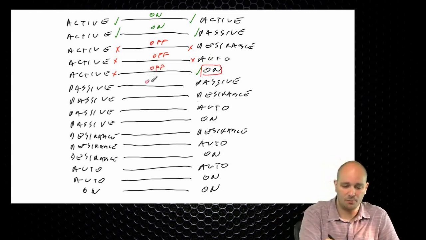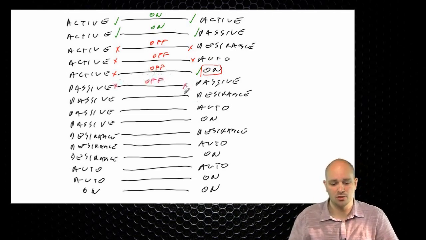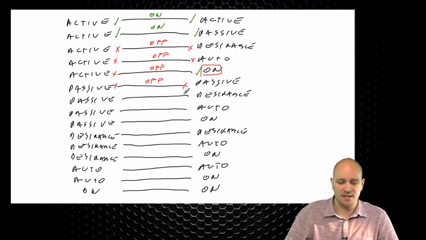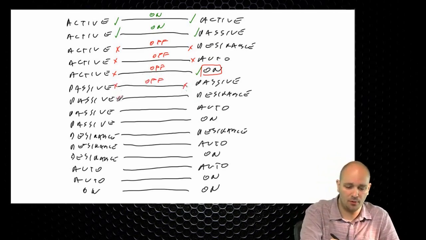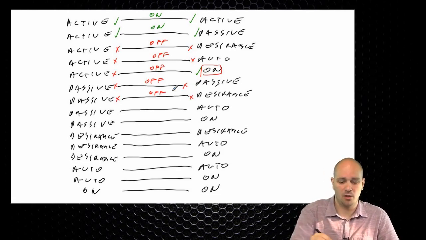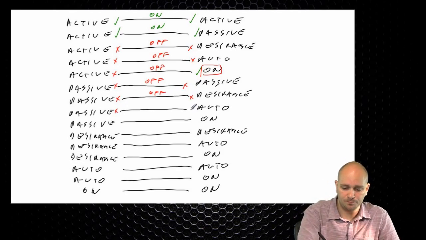If we have passive and passive, the situation is that we do not have an operational EtherChannel, but this is not a dangerous situation because both sides will agree on this. If we have passive and desirable, again, this is a misconfiguration, which will cause the EtherChannels not to be operative, but it's not a dangerous misconfiguration. We are going to have standalone ports that function normally. Passive and auto, same situation.